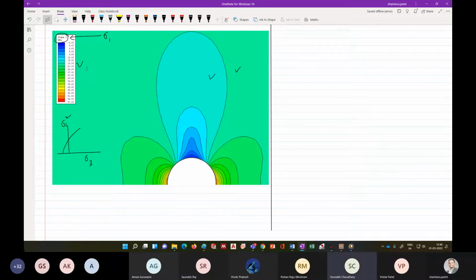Blue and green, 18. Yeah, this color here. So see, can you see this 12 here and 15 here? Yes, sir.